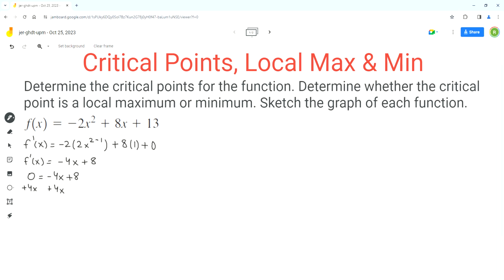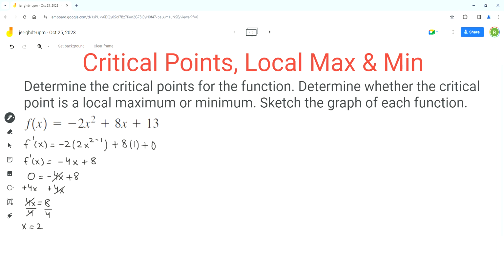So the 4x on the right side will cancel each other out. So we get 4x equals 8. And now we can isolate x by dividing both sides by 4. So the 4's on the left side will cancel each other out and we get x equals 2. So this is a critical number for this function.